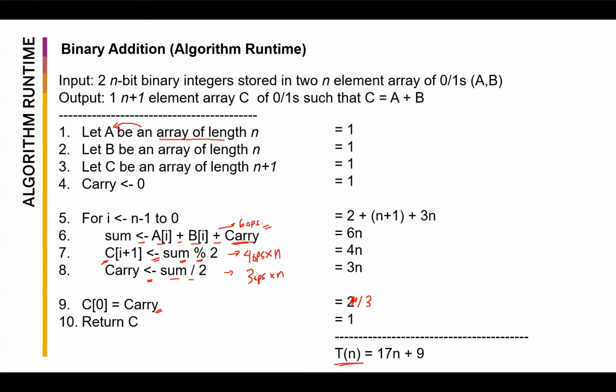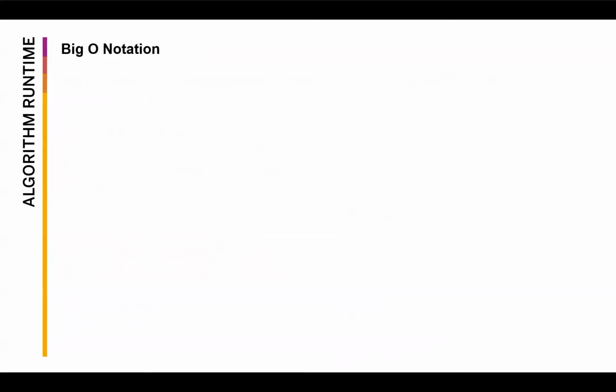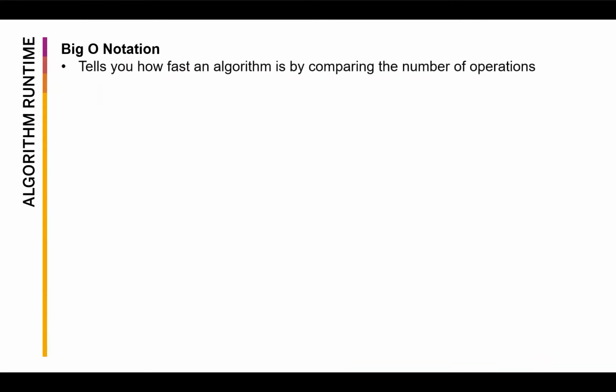This means that our algorithm here runs at 17n plus 9 operations, or 17n plus 9 runtime. Okay, so what does that mean now? We are moving into the algorithm runtime called the big O notation. The big O tells you how fast an algorithm is by comparing the number of operations.